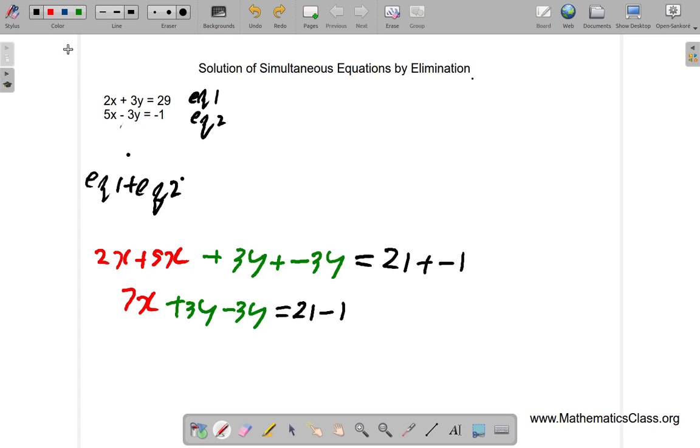So let's see how this works out now. 7x, 3y minus 3y is 0, so it's plus 0y equals 21 minus 1 is 20.